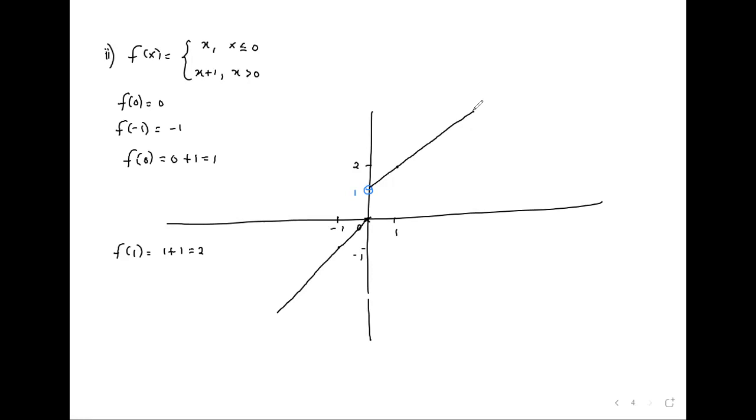Okay. They have also asked us to evaluate what is f of -3. So you take -3 to the upper function because -3 is less than 0. So we'll get -3. And then they're also asking us to find f of 0, which we have found already, it is 0. You substitute in the top function where 0 is included.